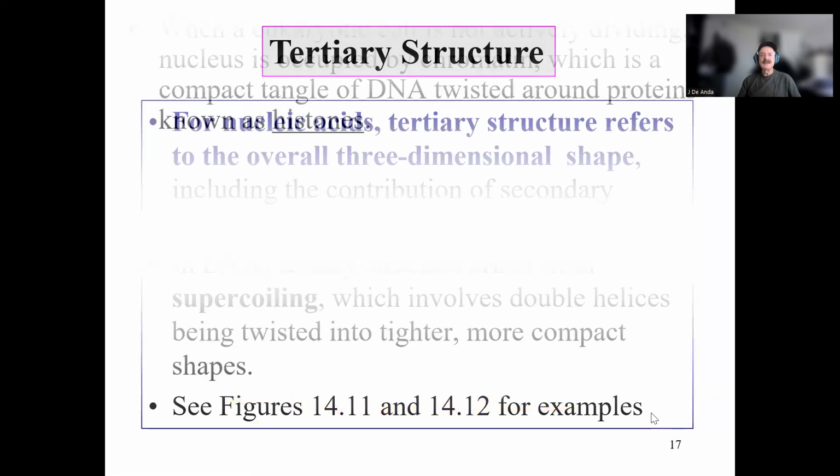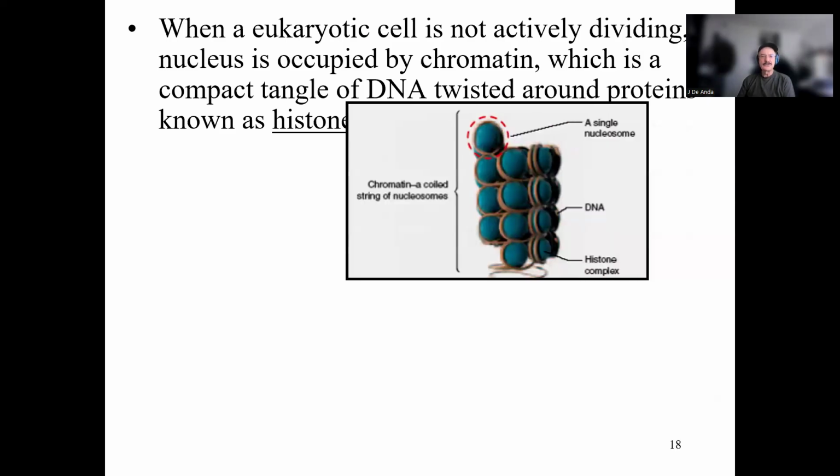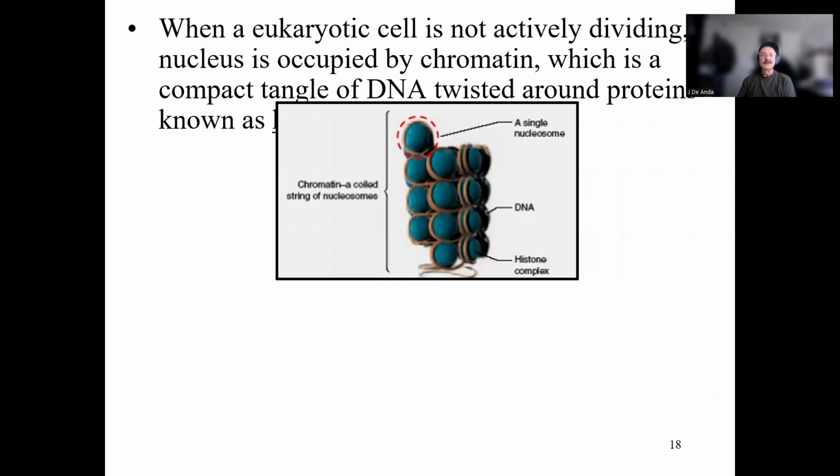And in the case of DNA, when DNA is not actively dividing, what you're going to have is this DNA is going to be twisted around a complex set of proteins called histones. And you can see it here, where if each one of these blue balls that you see here represent a complex of these proteins called histones, the DNA is wrapped around it into a supercoiled form that makes it very compact.